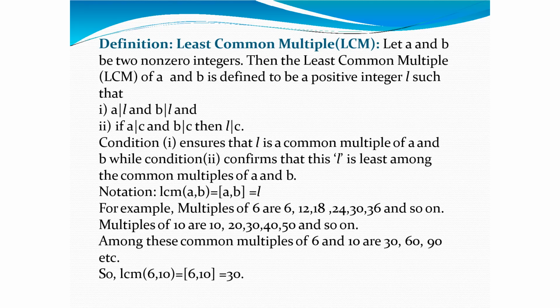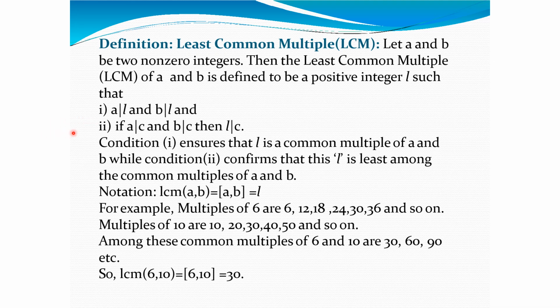Now already we have seen the concept of greatest common divisor. Similarly, another definition is least common multiple, that is LCM. Now see the definition. Let a and b be two non-zero integers. Then the least common multiple LCM of a and b is defined to be a positive integer L such that a divides L and b divides L. It means L is a common multiple of a and b.